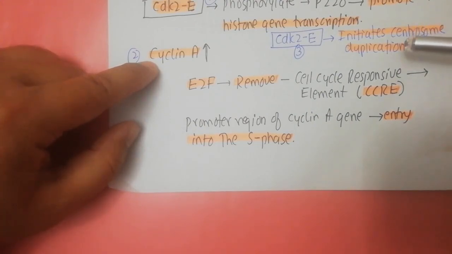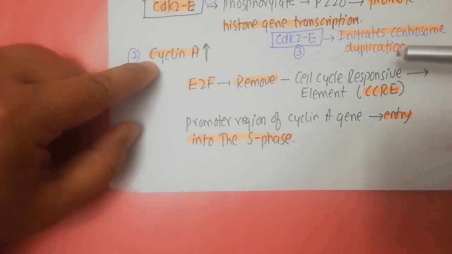Both of them have the ability to bind to cyclin-dependent kinase 2. If cyclin E can bind to CDK2, and cyclin A can bind to CDK2, what are you going to do then?